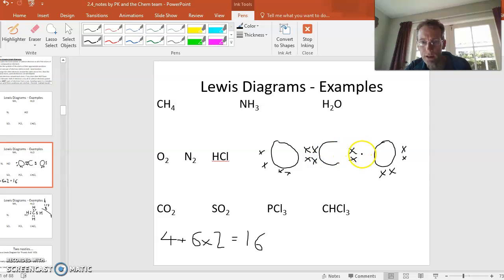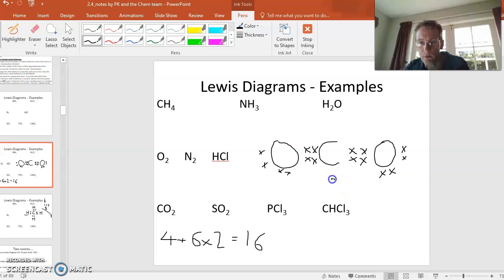So in between the carbon and the oxygen. So instead of putting it on top of the carbon there, I've put it next to the carbon. So this now becomes a double bond. So there's 2 double bonds between the carbon and the oxygen. So that oxygen has 8 electrons around it. This carbon has 8, 2 lots of 4. This oxygen has 8 as well.